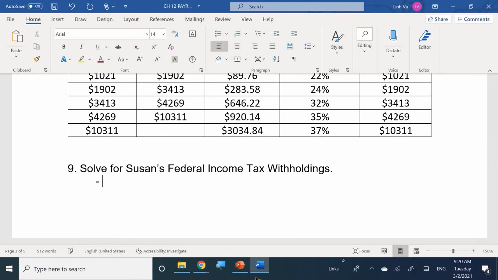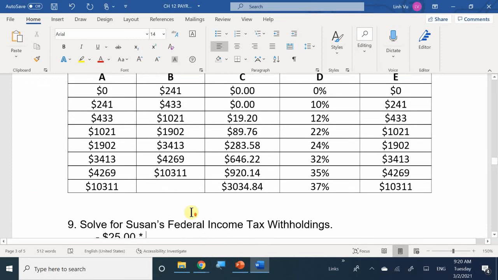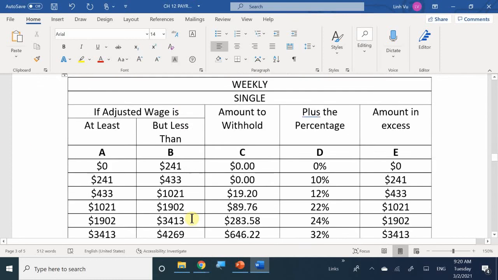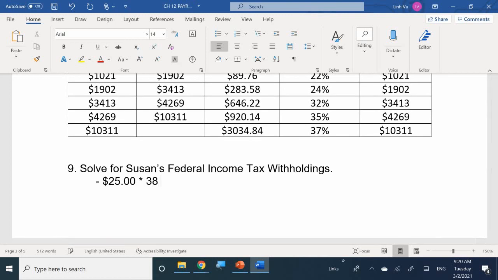All right, so how much does she make? She makes $25 an hour. And how many hours did she work? 38. So what is her total amount of earnings, her gross earnings? 950.